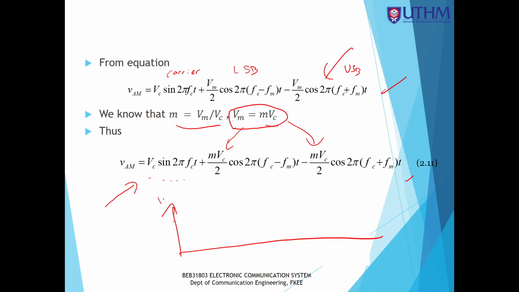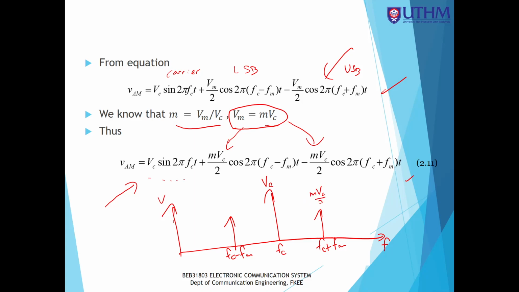This is V versus F. The spectrum looks like this: FC with amplitude VC, and also FC plus FM and FC minus FM, where the amplitude is MVC over 2.